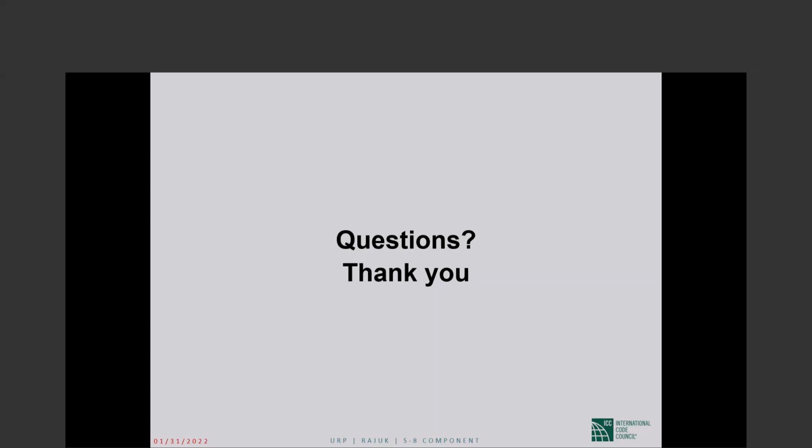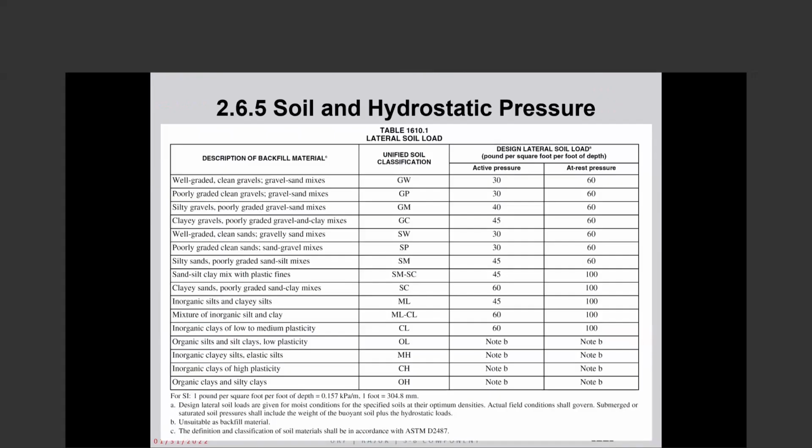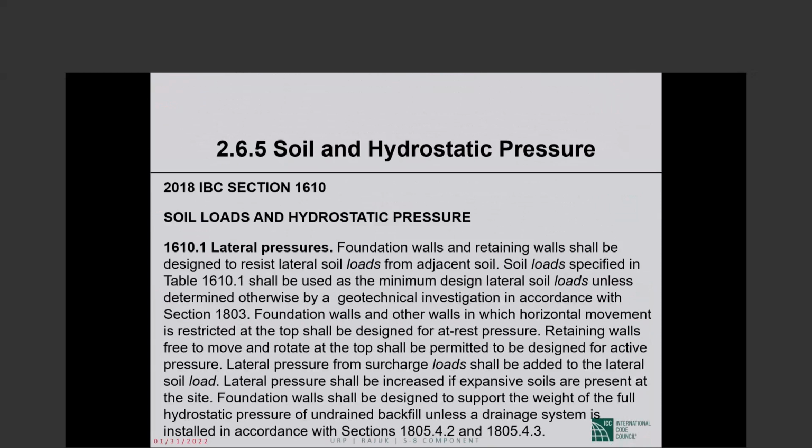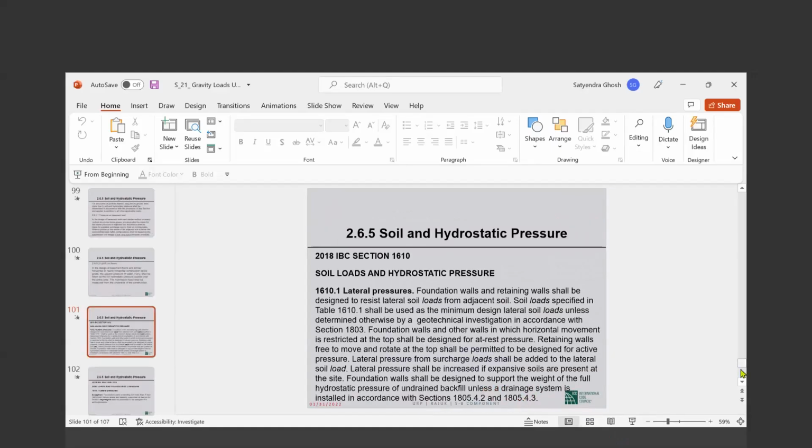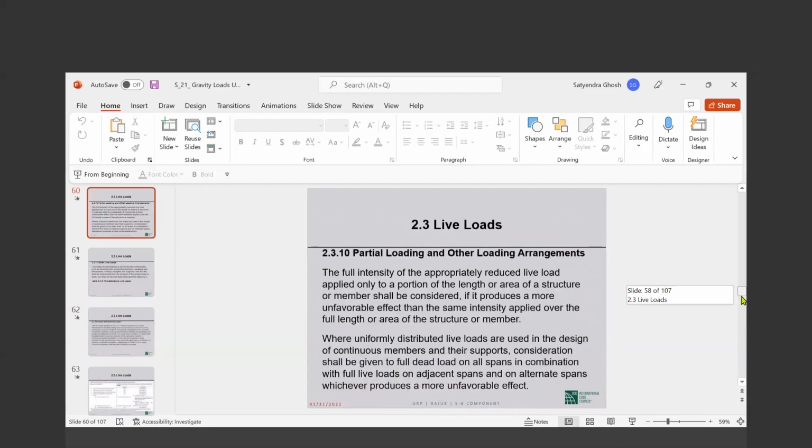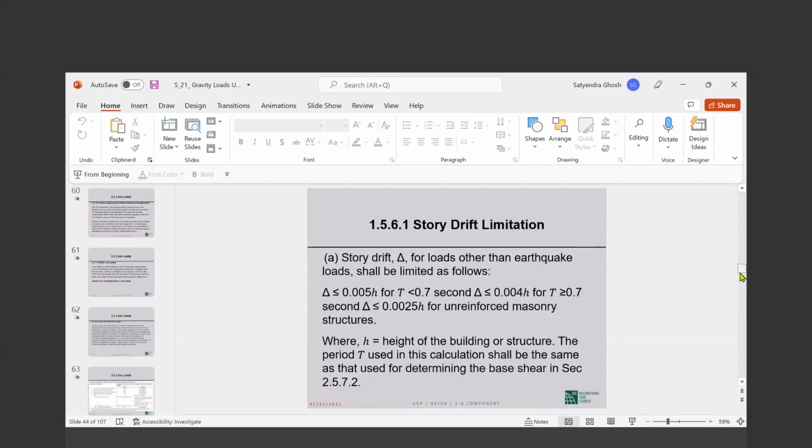So this person is saying that in slide 44 you mentioned that H is equal to total building height. I think that is what BNBC also says. I quoted it, I copied from BNBC: H is height of building structure, 1.5.6.1. But he is saying that according to BNBC 1.5.6.1, H is the height of floor.